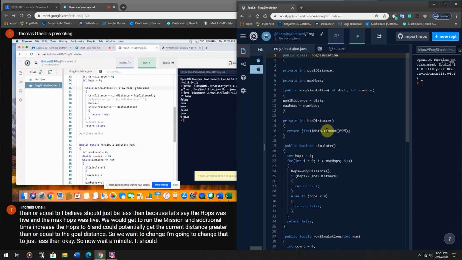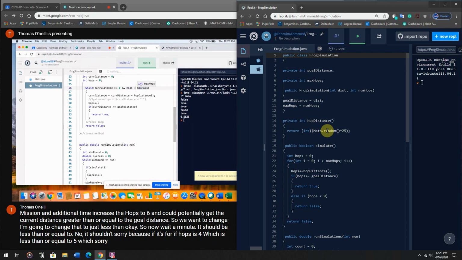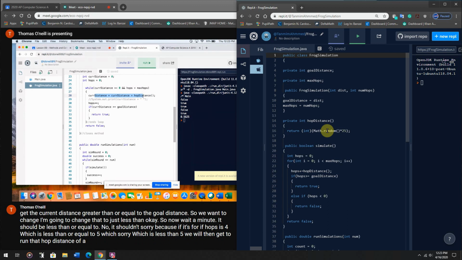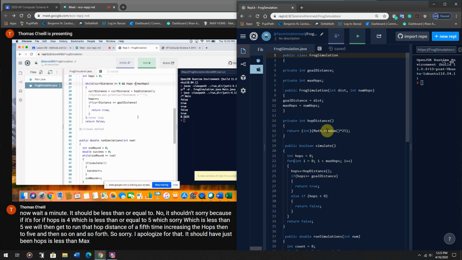It should be less than or equal to. No, it shouldn't. Sorry, because if hops is 4, which is less than 5, we will then get to run that hop distance a 5th time, increasing the hops to 5, and so on and so forth. So I apologize for that. It should have just been hops is less than max hops. So that error is now cleaned up.